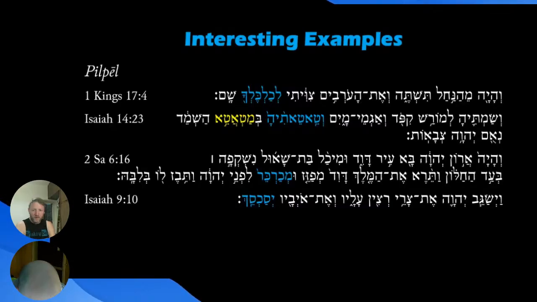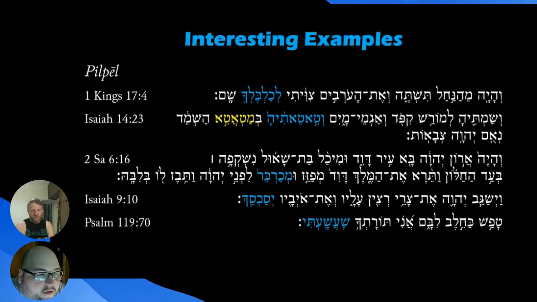The thing is that there's not a lot of context here, so you just have words. Psalm 119:70. "Tafas kachelev libam ani toratcha shiashati." Okay, let's just take the last phrase. "Ani toratcha shiashati." I found delight in your Torah. Or, I enjoy your Torah.